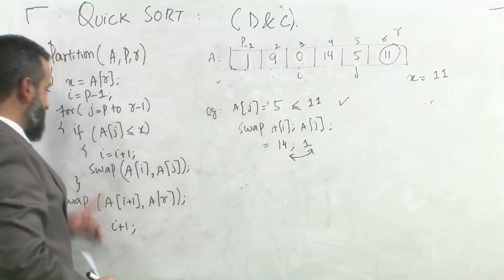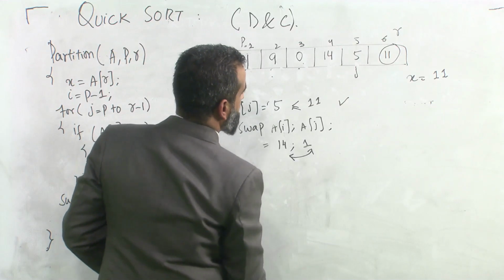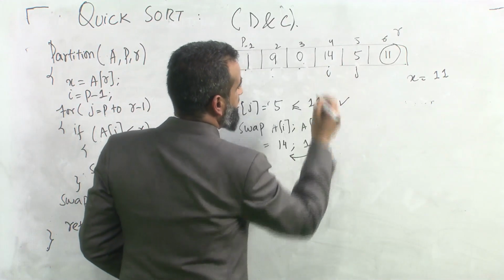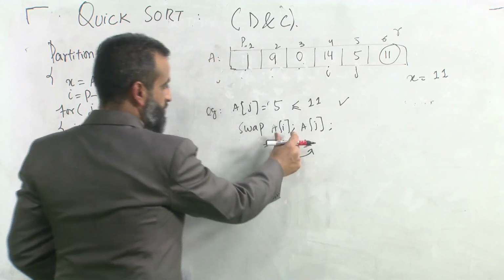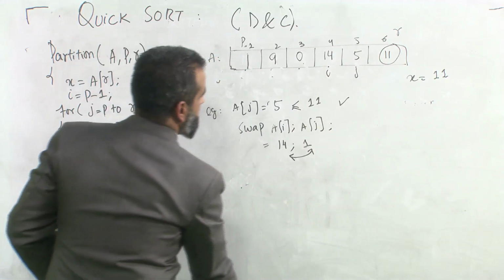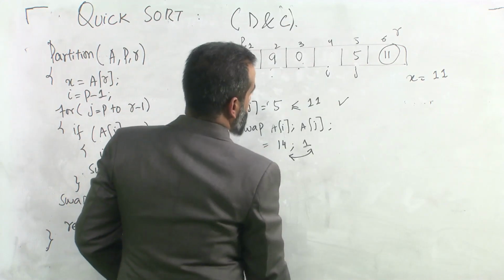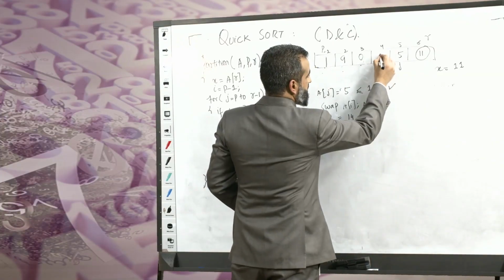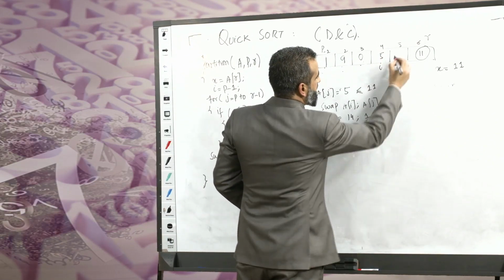But before I make the swap, I need to increment I. So I will now be pointing towards 14. Make the necessary swap between A of I and A of J. So 5 will be here, and I'll have 14 over here.